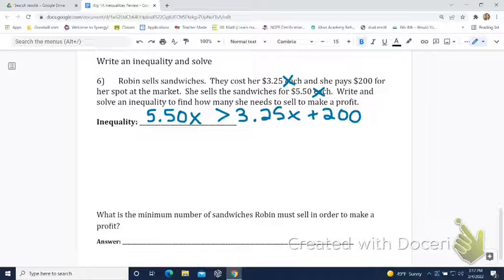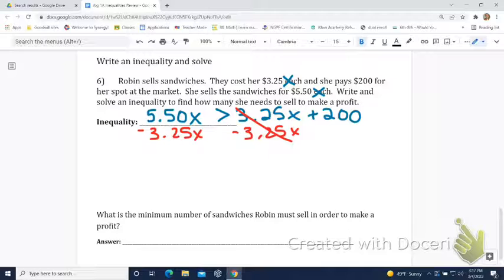Again, I could have had things switched around, but it needs to be open to the 5.50x. Now I'm going to get my variables on the same side of the inequality. So I'm going to subtract 3.25x, move that variable over here. Remember, you don't want everything on one side, but you want your variables to be on the same side. So 5.50 minus 3.25.